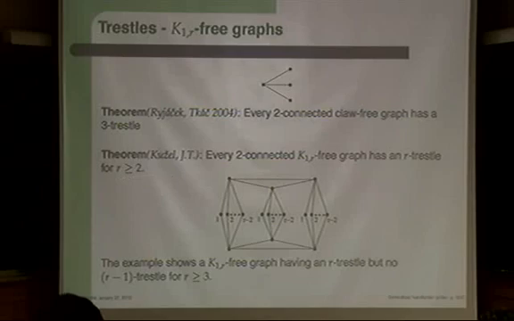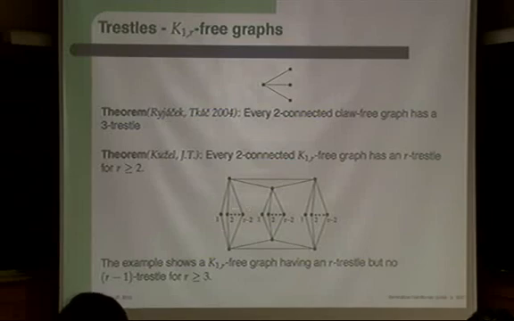So yeah, we proved this one, and in some sense this theorem is sharp, because this example, you can see, is a K_{1,r,3} graph, and so it has an r-trestle, but it has no (r-1)-trestle. How to prove it?